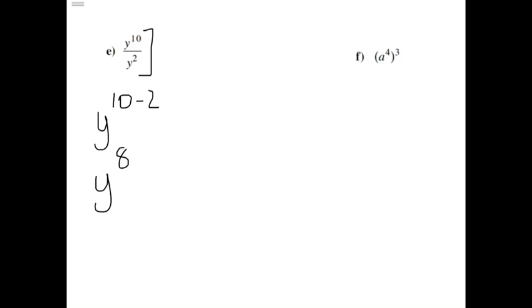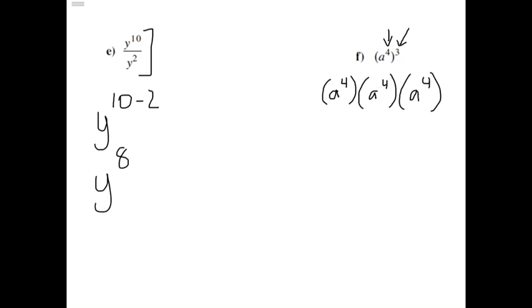Next up, you're using the power of a power law, because you've got an exponent on the inside of the brackets and an exponent on the outside of the brackets. What's happening here is you are actually multiplying this together. You get a to the power 4 times by a to the power 4 times by a to the power 4.